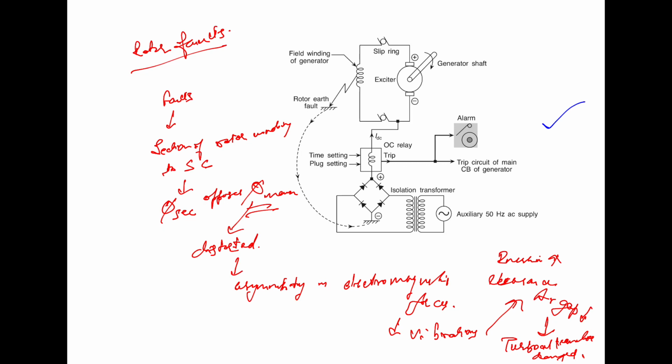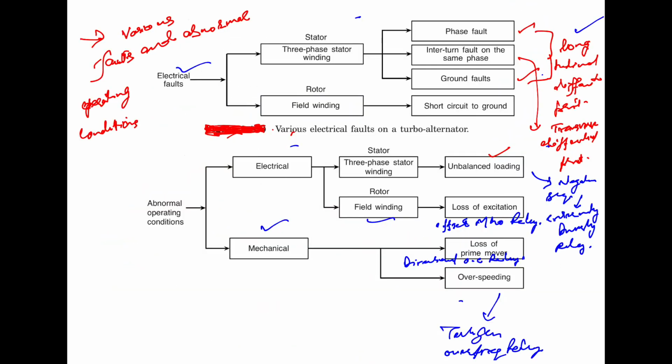In this case, an overcurrent relay is used, the voltage is superimposed, and the ground connection is made. So that is used for the short circuit to ground.